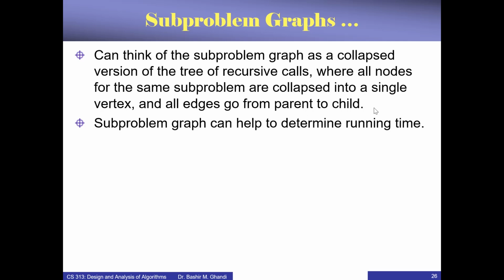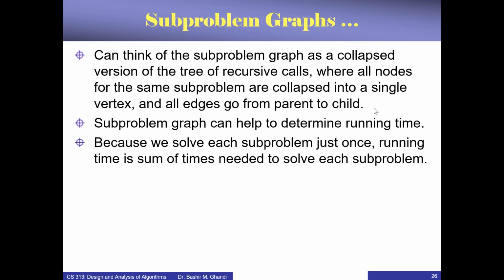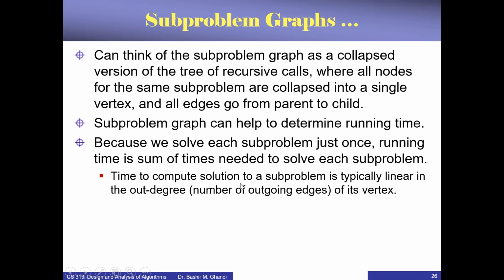Subproblem graphs can help to determine the running time. Because we solve each subproblem just once, running time will be the sum of times needed to solve each subproblem. The time needed to compute a solution to a subproblem is typically linear in terms of the out degree for that vertex.